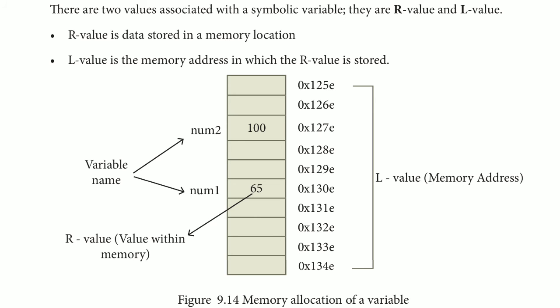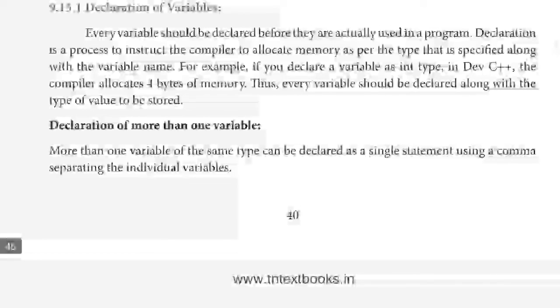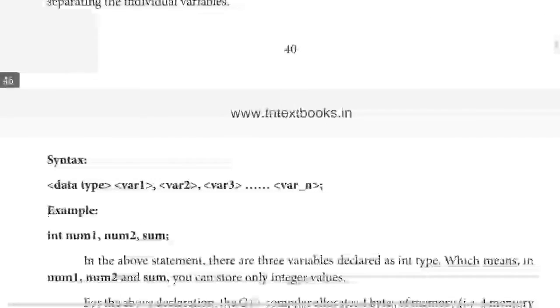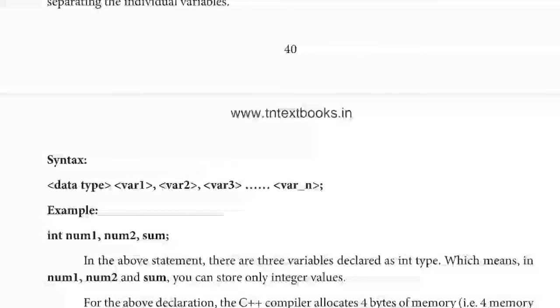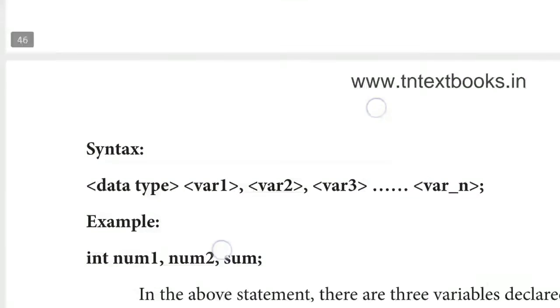Next you can see the declaration of variables. Declaration of variables is very important. If you are not declaring a variable, you will be given an error message while using it. First we'll see the syntax for variable declaration. The syntax is the data type and the number of variables you need.